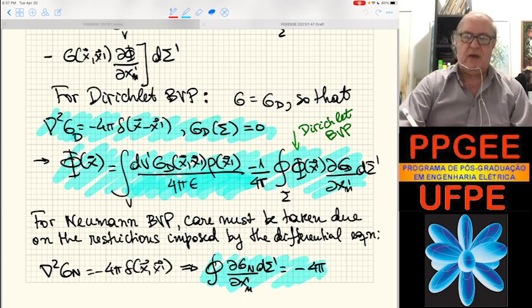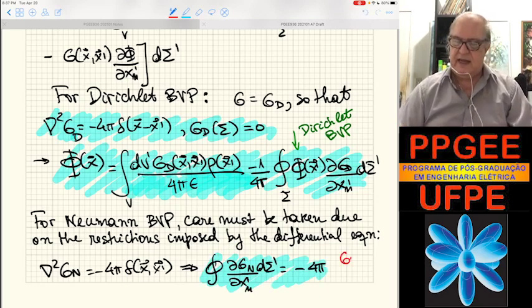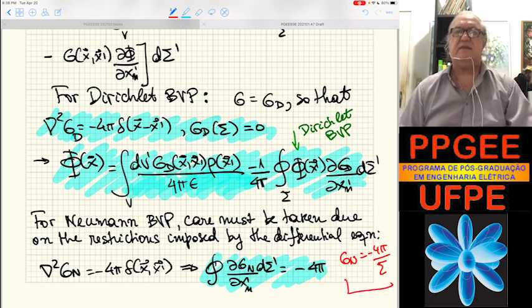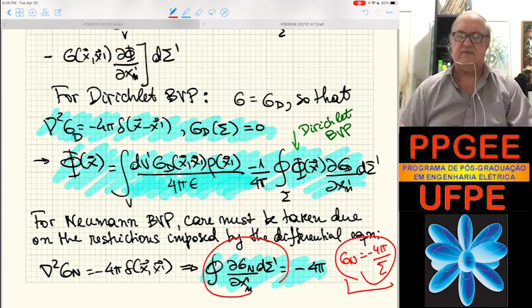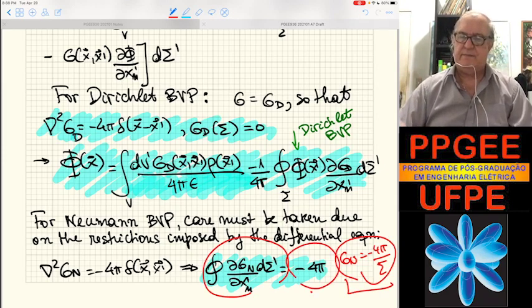One simple choice is to make this Gn equal to minus 4 pi over the area. So if I use a constant normal derivative of the Green function on the surface, in particular this constant value, the integral is going to satisfy this condition, right?